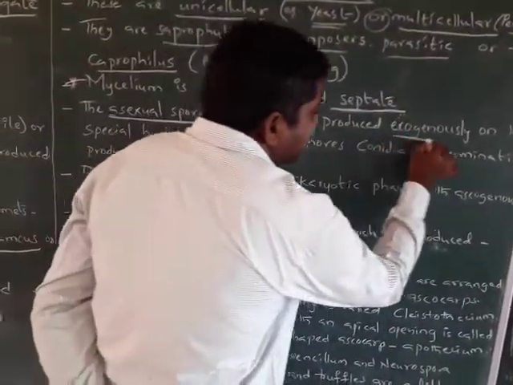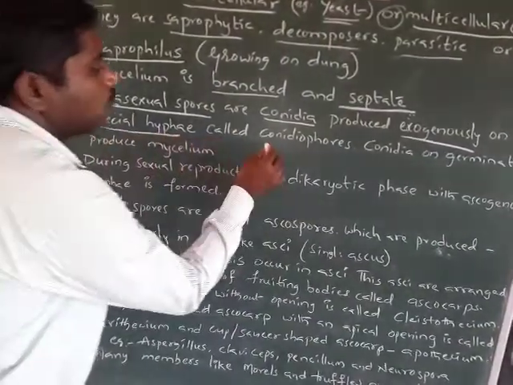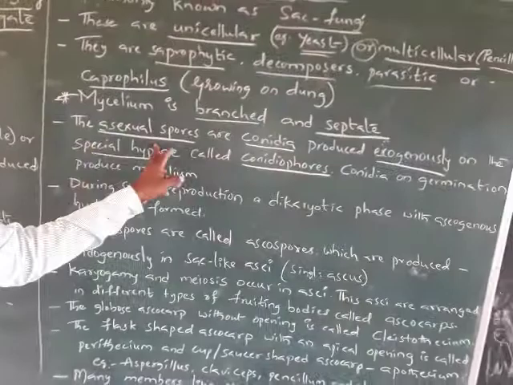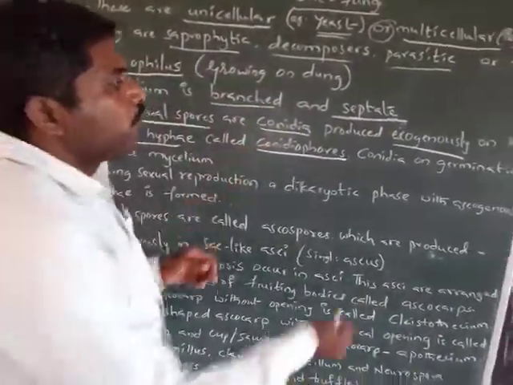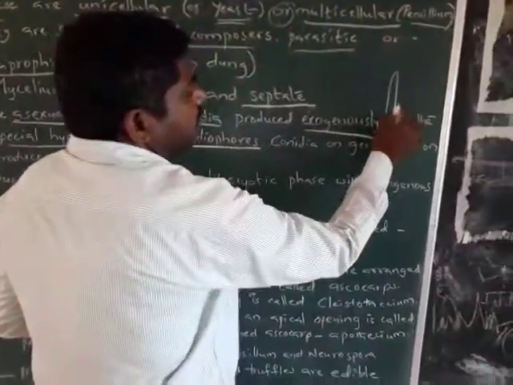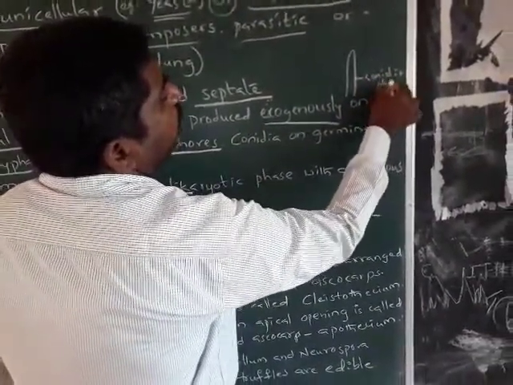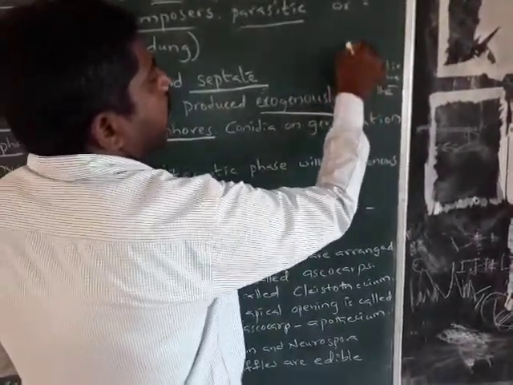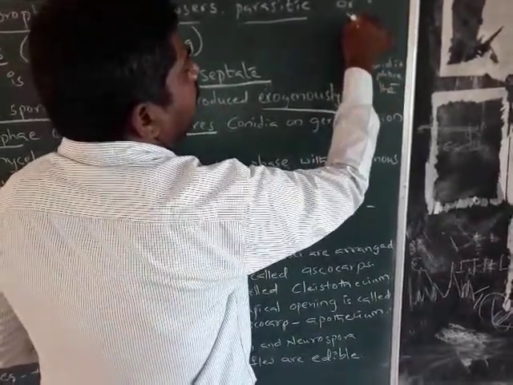Conidia are produced exogenously on special hyphae called conidiophores, which are produced from the mycelium.